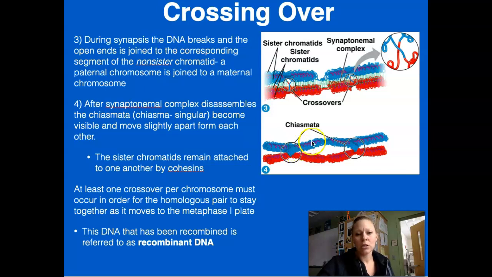Remember that cohesions are what sew the sister chromatids together. These homologs are going to be sewn together with the synaptonemal complex, and then they are going to break apart. The synaptonemal complex is going to break apart and move away, and at that point, this DNA is now considered recombinant DNA because it has recombined. It is reorganized, and so we call it recombinant DNA. So that's the crossing over.